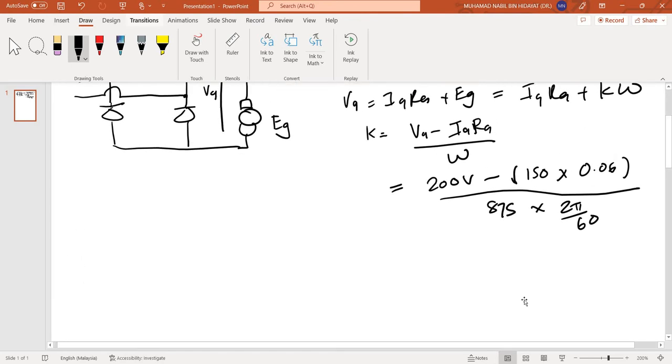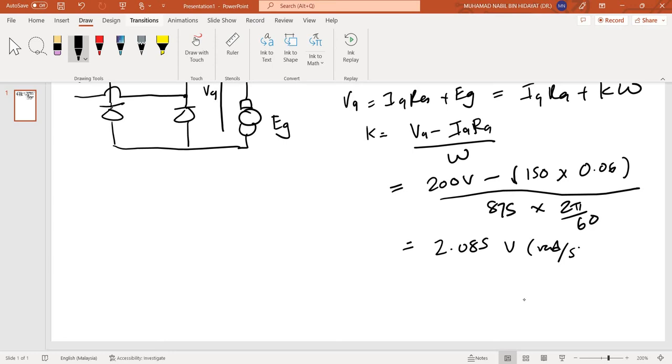If we calculate this, you get the constant 2.085.